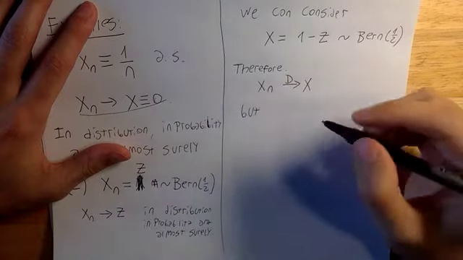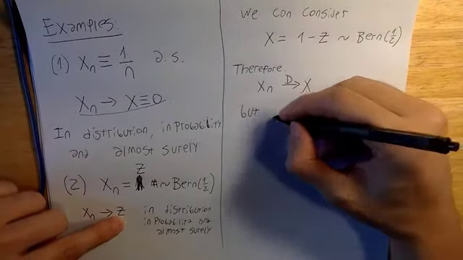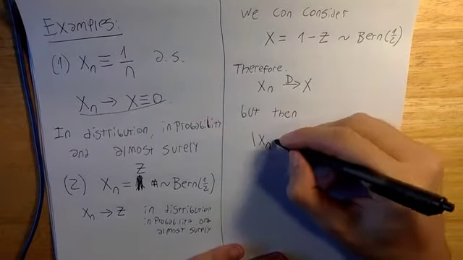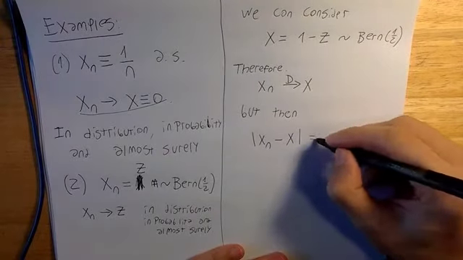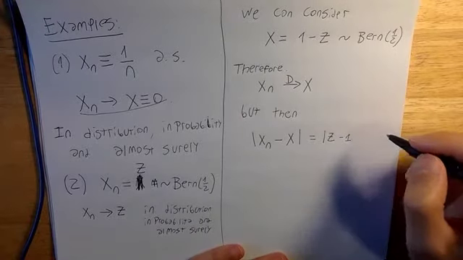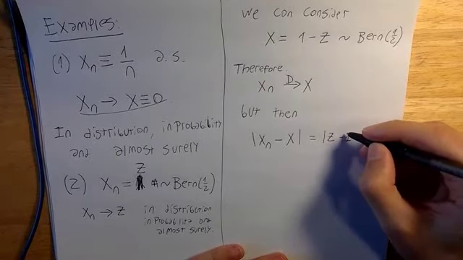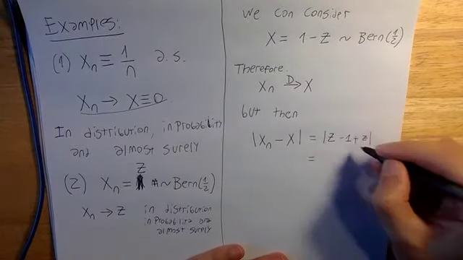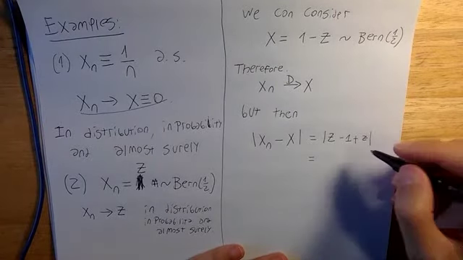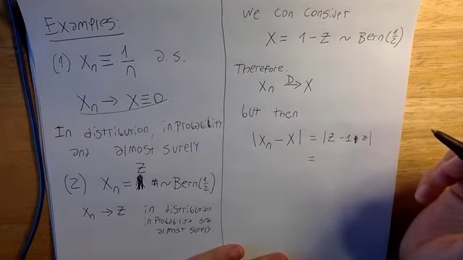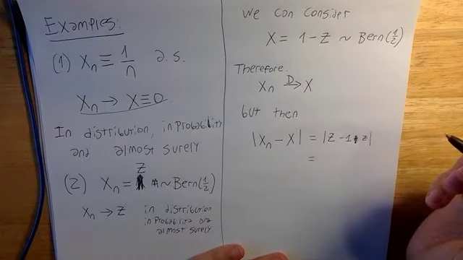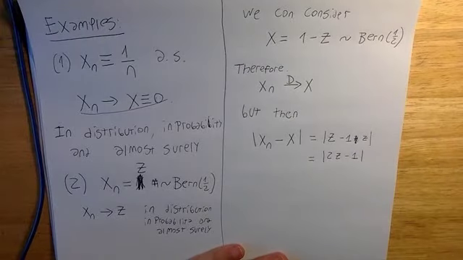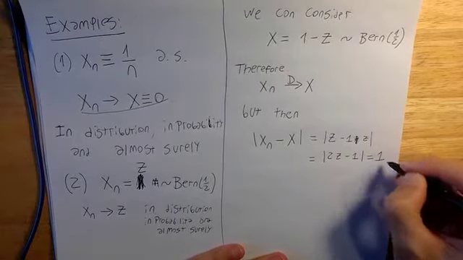But xn is equal to z for every n, so what we can see from here is that xn minus x is going to be equal to z minus (1 minus z), which is 2z minus 1, which is always equal to 1 in absolute value.